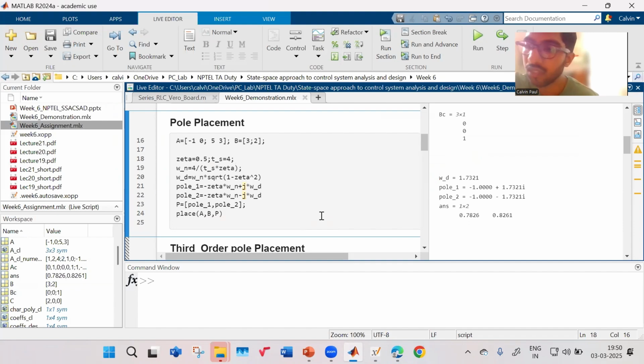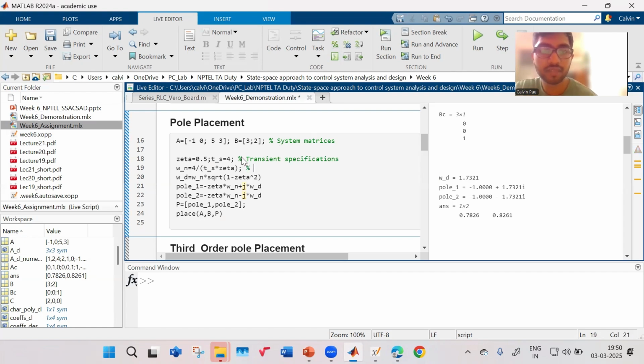So, if you observe, I have used the same equation. These are my system matrices. These are my transient specifications.